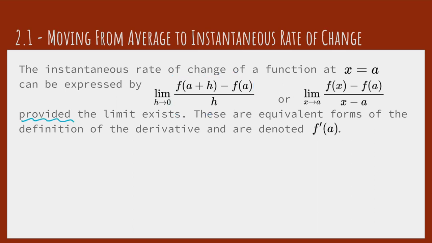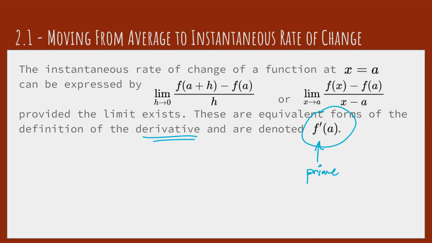Now, this is important, provided the limit exists. So we say that we can find the instantaneous rate of change if this limit exists, and we can take the derivative. So this defines in calculus what we call the derivative. So it's the derivative of a function at a point, and we use this notation right here. f prime, this apostrophe here, is read as prime.